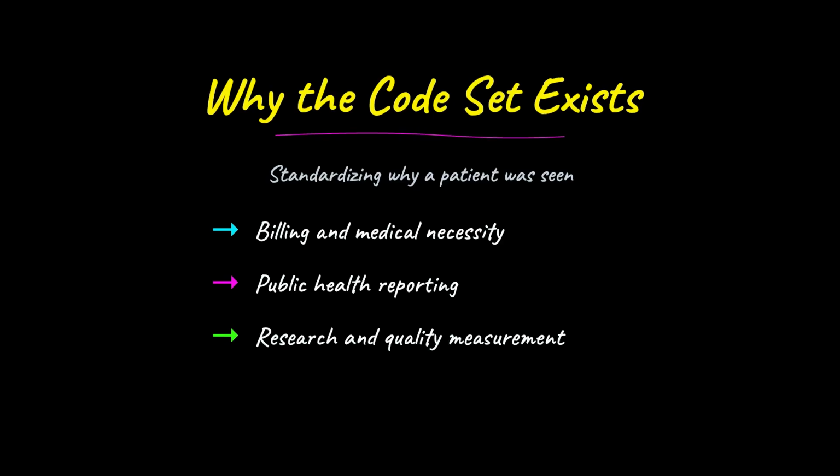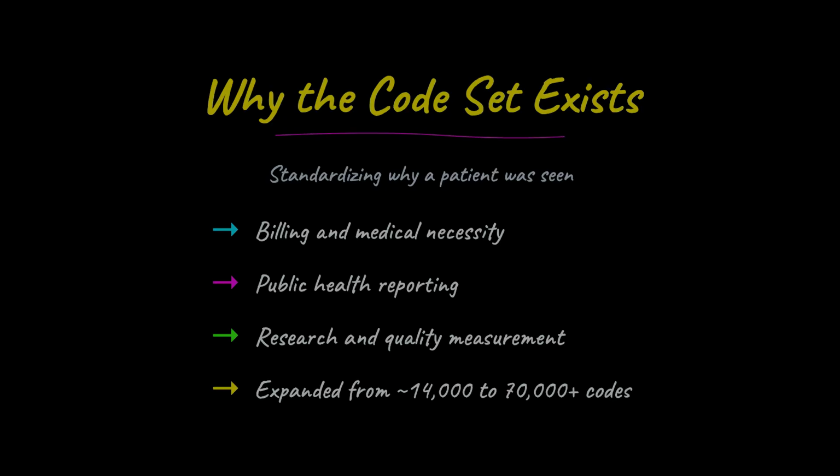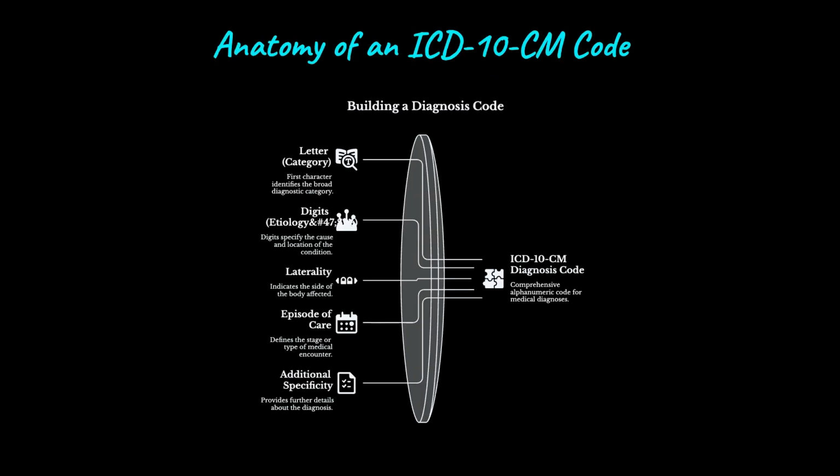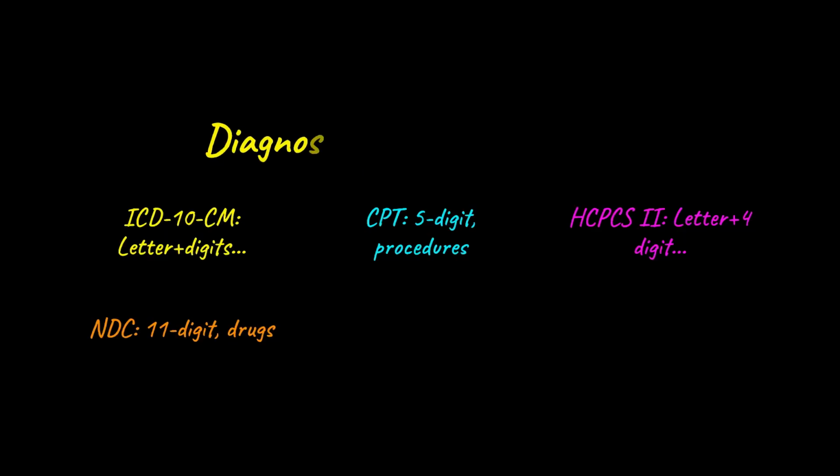ICD-10 CM expanded from roughly 14,000 codes under ICD-9 CM to over 70,000, enabling far greater clinical specificity. Mechanically, every ICD-10 CM code starts with a letter, followed by digits, building out to 7 characters total. Those extra characters add specificity for laterality, episode of care, and other clinical detail.